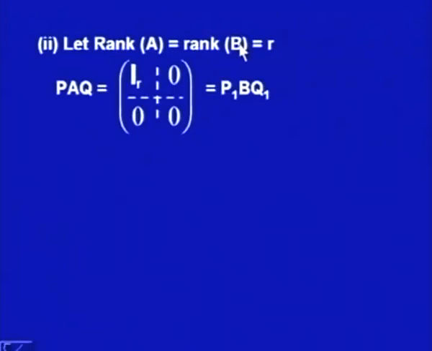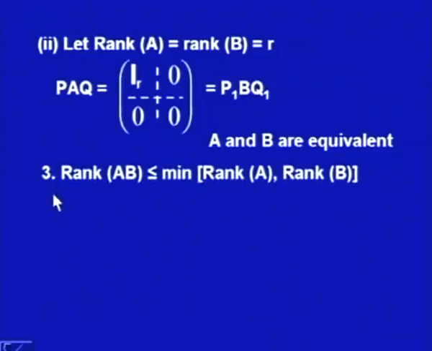And rank B is also R, so this can also be reduced by a series of linear transformations. So B will be equivalent to this row reduced echelon form. When you apply linear transformations to B, it will be reduced to P1 B Q1 form, and when you apply linear transformations to A, it will be reduced to PAQ, and since both of them are equal, the rank is R. So we can say PAQ is equal to P1 B Q1, so A and B are equivalent.